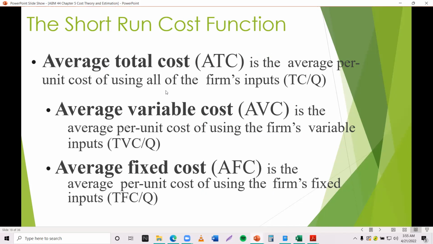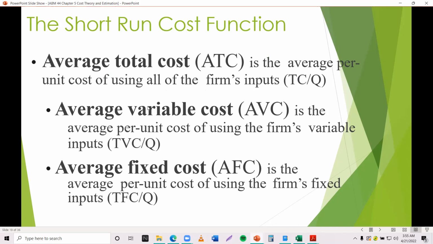It is the average per unit cost of using all of the firm's inputs. From the word itself, it is the average of the total cost, denoted by this formula: total cost over quantity, in order to get the average total cost.